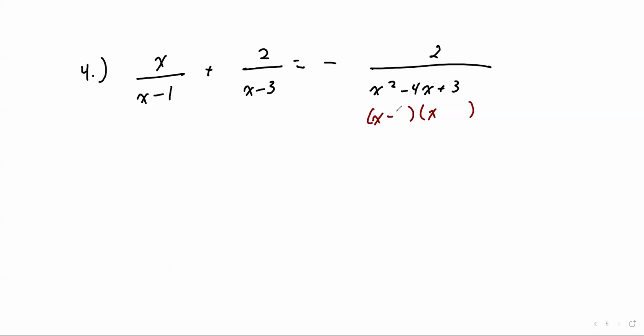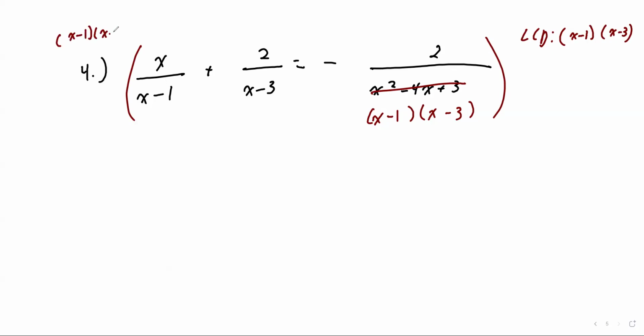In this case, that would be -1 and -3, which does multiply to positive 3 and add up to -4. So if they're nice to you, it'll be the other denominators. Sometimes they are not. When they do that, then your least common denominator will simply be x minus 1 and x minus 3. Now when I go through and multiply everything, watch what happens.